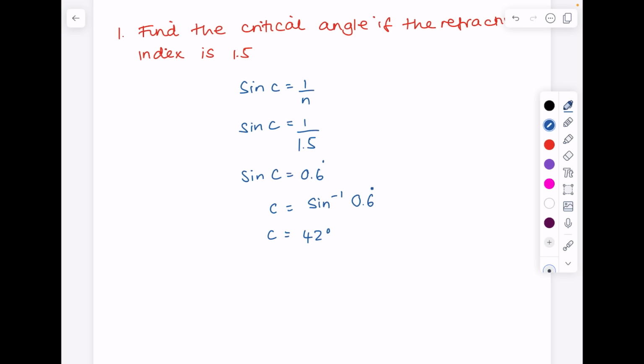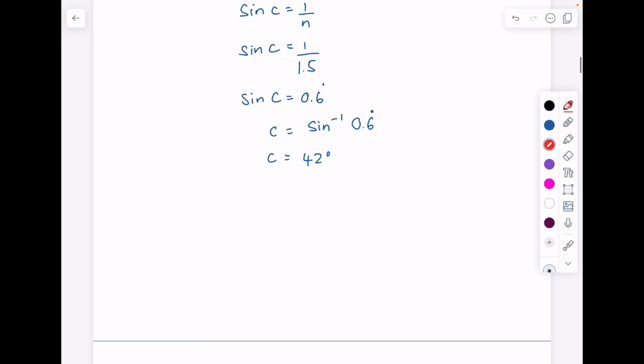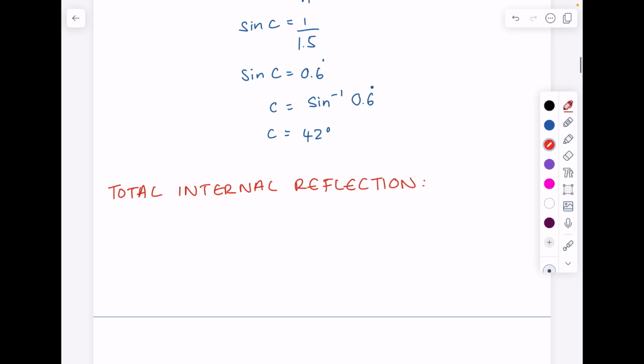Now, you will find that something called total internal reflection occurs if your angle of incidence is greater than the critical angle.